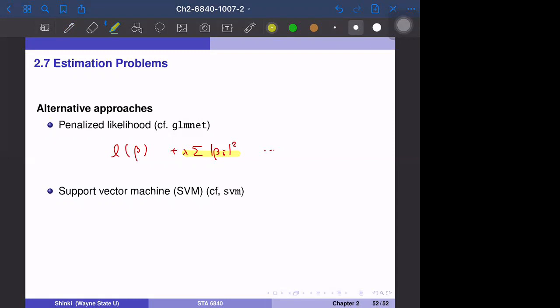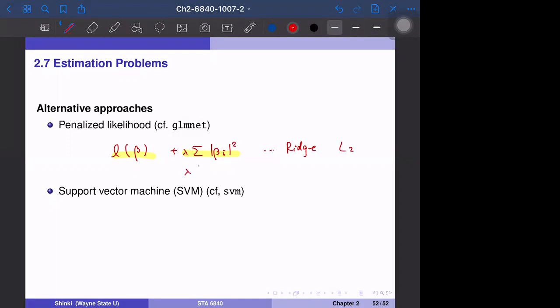You can see that this summation is a quadratic function. We add the parabola to the likelihood function, and the parabola always has the minimum. So finally, even if we add some other function L beta, still this has the minimum. This is called the ridge penalty or L2 penalty.